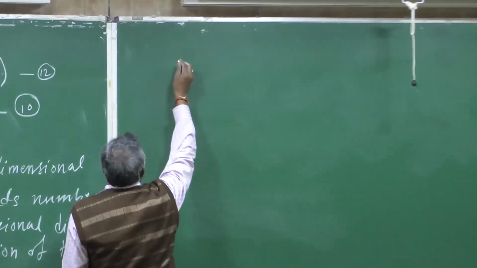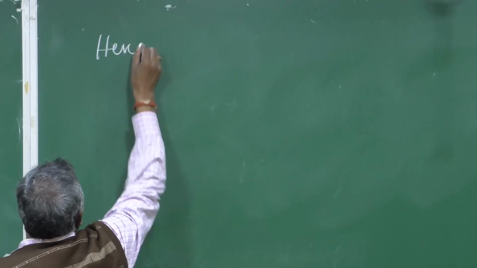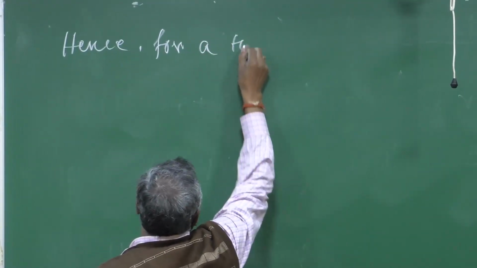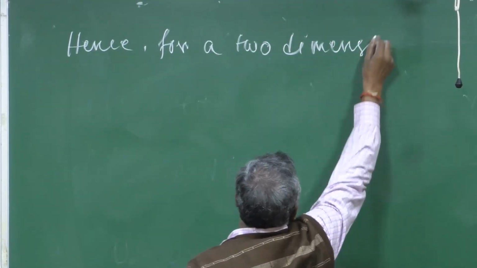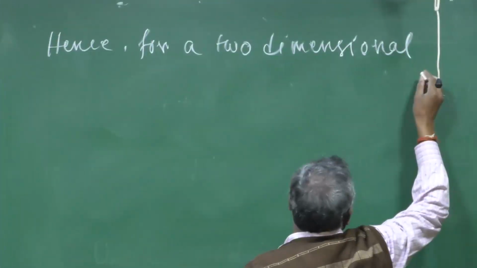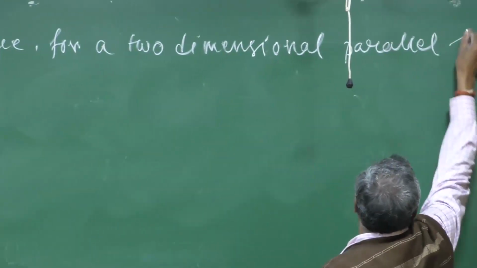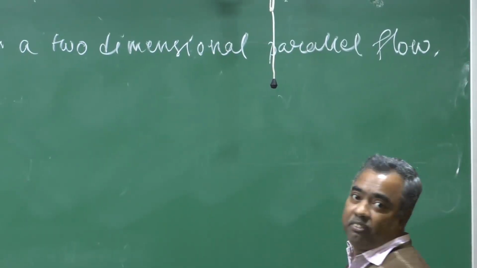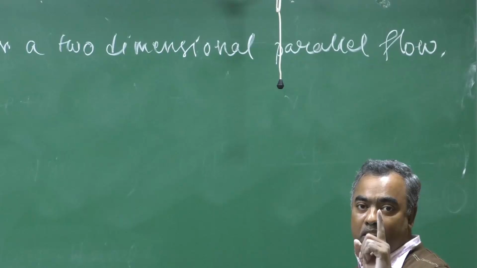So, hence for a two dimensional parallel flow, okay, means we do not have w component, our velocity component is only u.